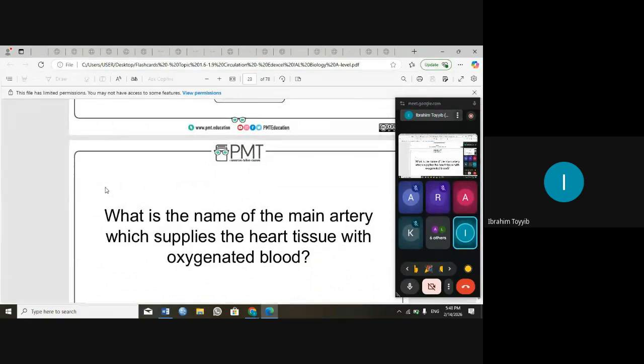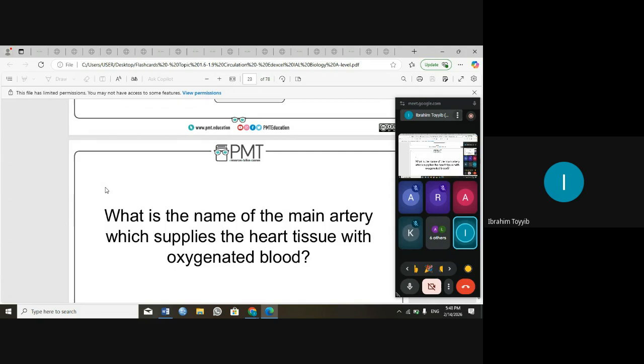Now, another question. What is the name of the main artery which supplies the heart tissue with oxygenated blood? Who knows this? You know we have talked about each organ in the body.